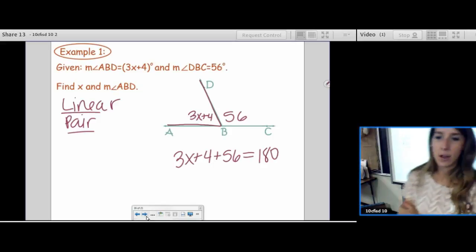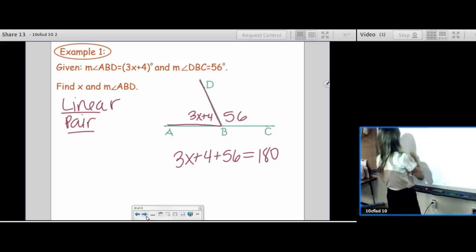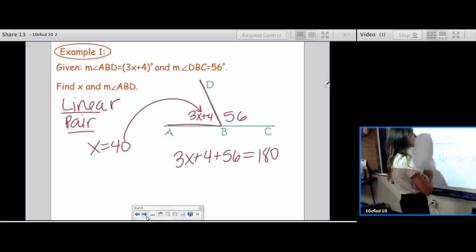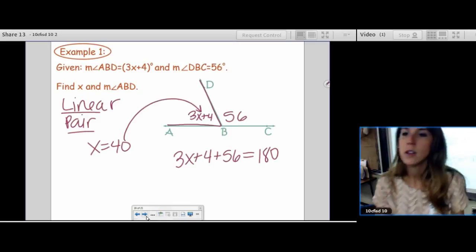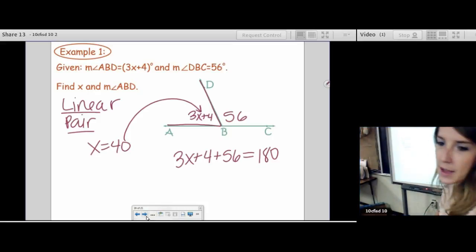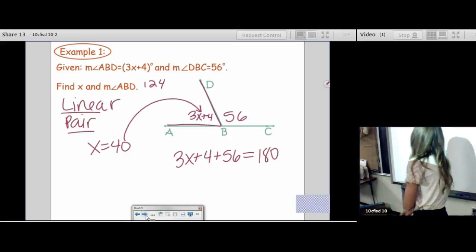The rest is algebra. Very good. X is 40. And then we could plug it back in, or we could just do 180 minus 56. We have choices. What would we get? 124. The measure of the angle is 124.